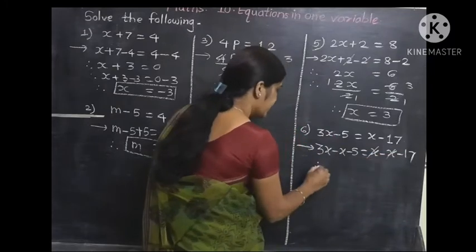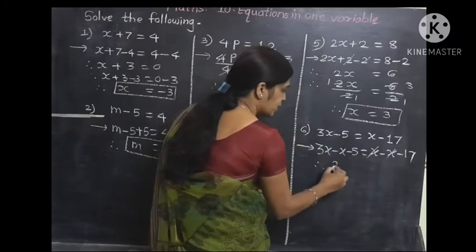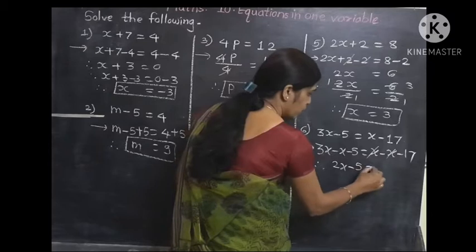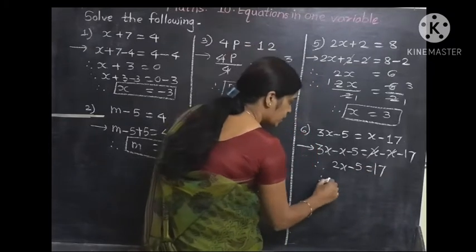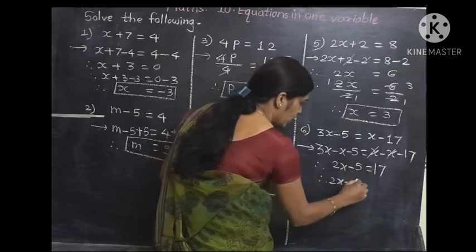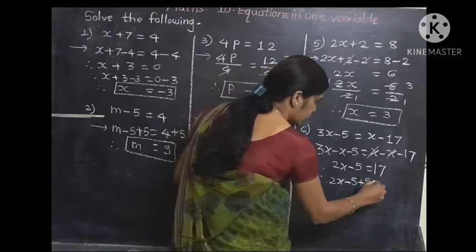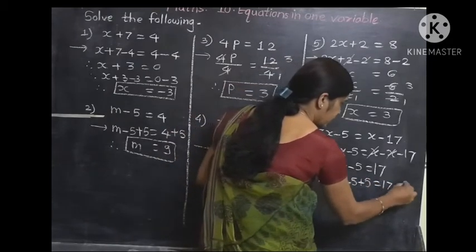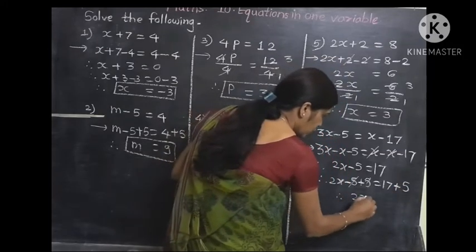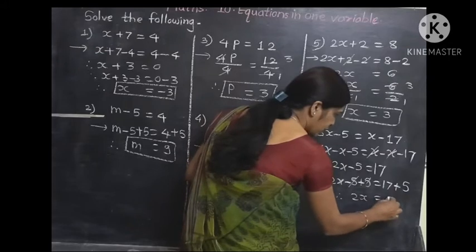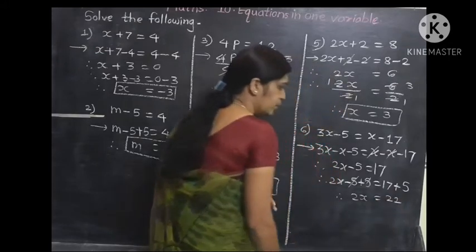X gets cancelled. 3x minus 1x, 2x minus 5 is equal to 17. Now add both sides by 5. 2x minus 5 plus 5 is equal to 17 plus 5. 5 gets cancelled. 2x is equal to 17 plus 5, 22.